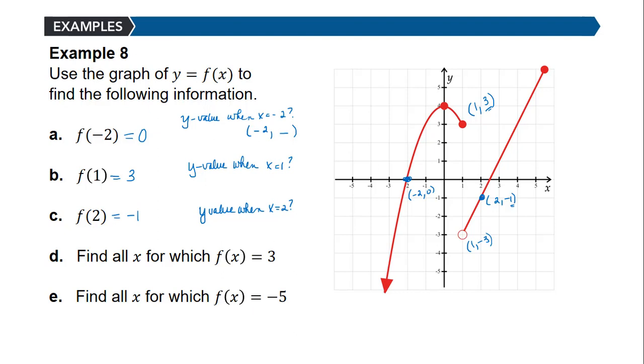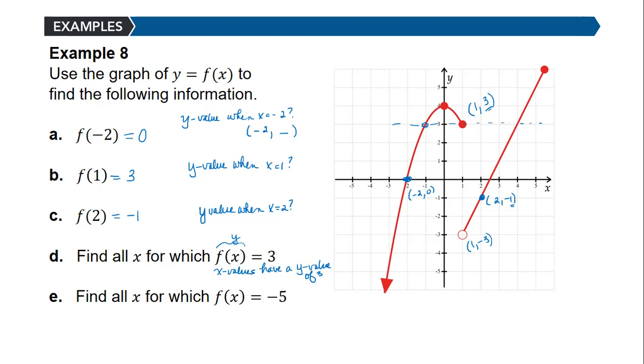Now part D asks us to find all x for which f of x equals 3. Recall that f of x is y. So this time we're trying to find out what x values have a y value of 3. And so we go to the y-axis at 3 and look left and right to see if any points intersect with that line, and we do see it.